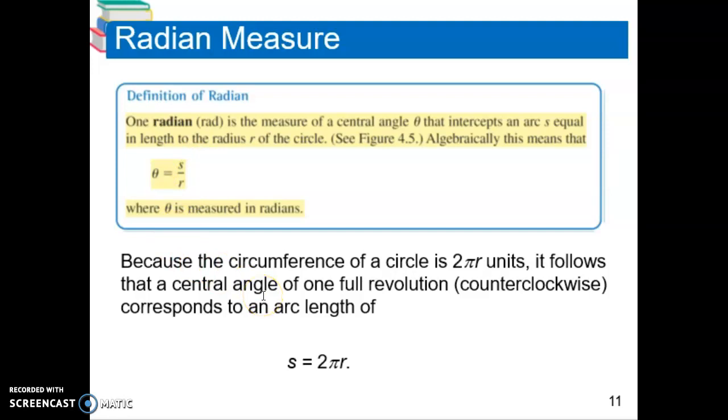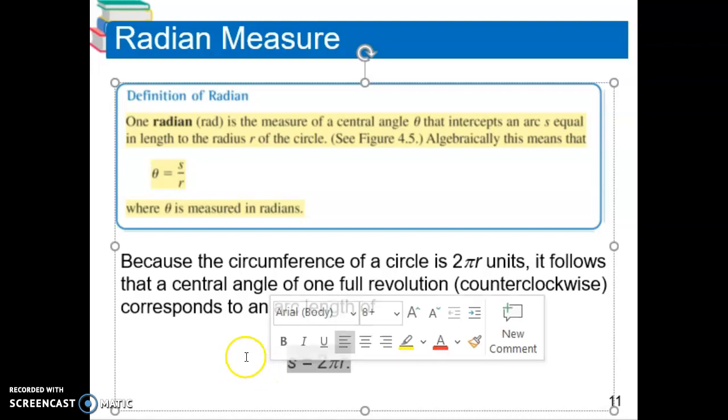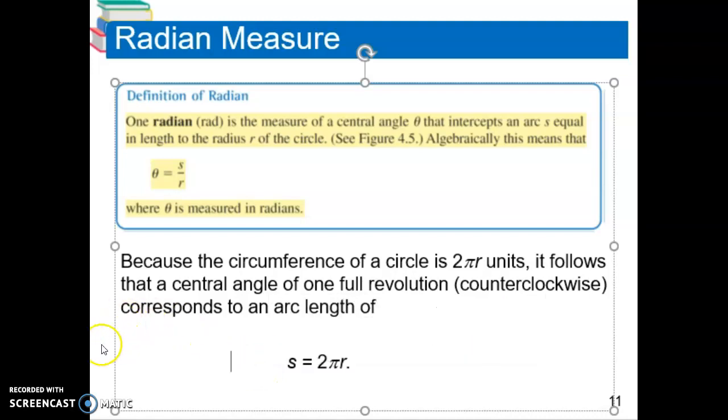Because the circumference of a circle is 2 pi r units, it follows that a central angle of 1 full revolution corresponds to an arc length of s equals 2 pi r. This is a really important formula that we're going to come back to and see at the end of this lesson once again.